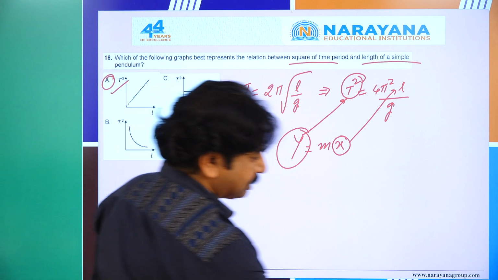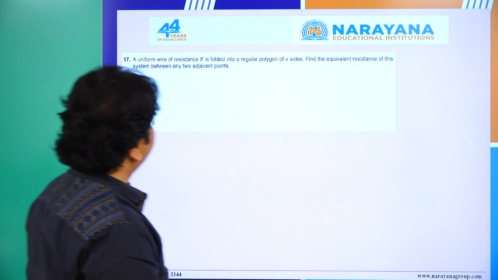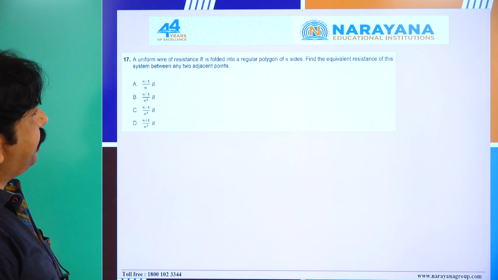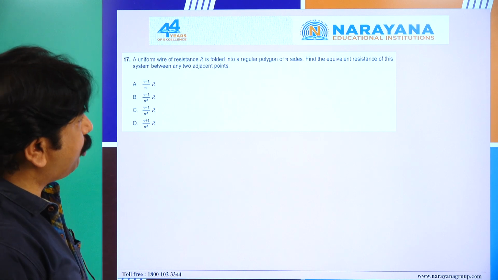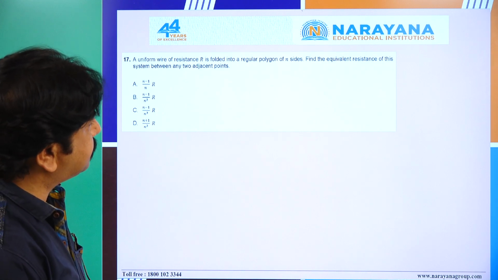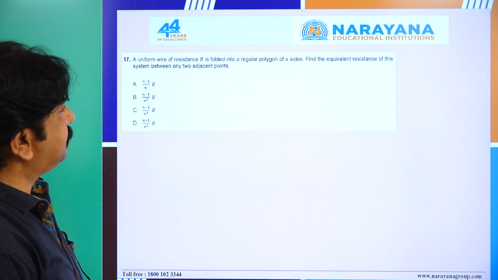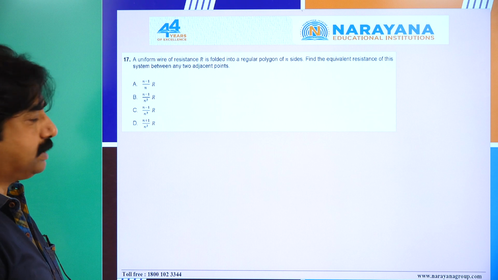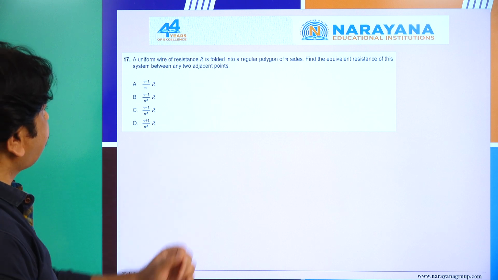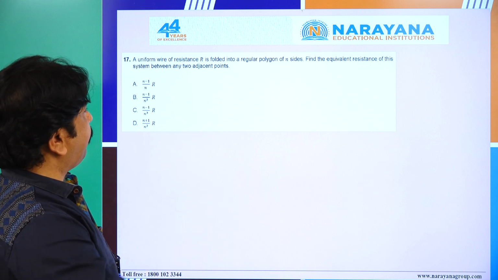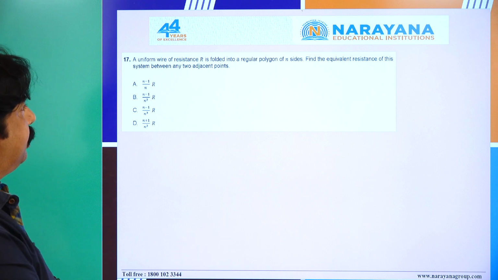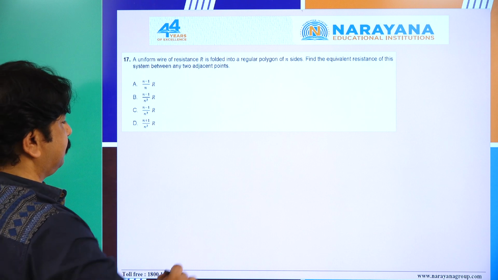Next, I am going to the next question. A uniform wire of resistance R is folded into a regular polygon of n sides. Find the equivalent resistance of this system between any two adjacent points. Now, a uniform wire of resistance R is folded into a regular polygon.